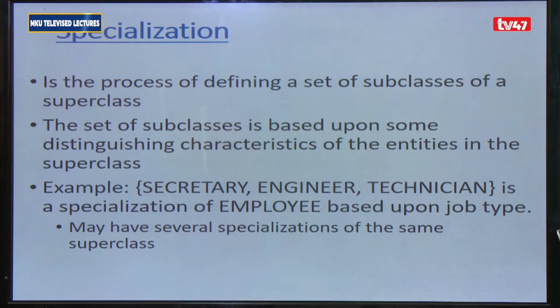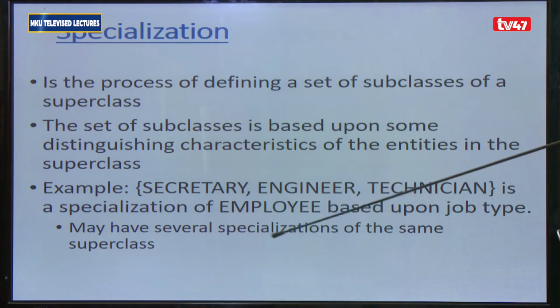So the job type is what differentiates the secretary from the engineer. And an engineer is actually different from a technician. So we may have several specializations of the same superclass.